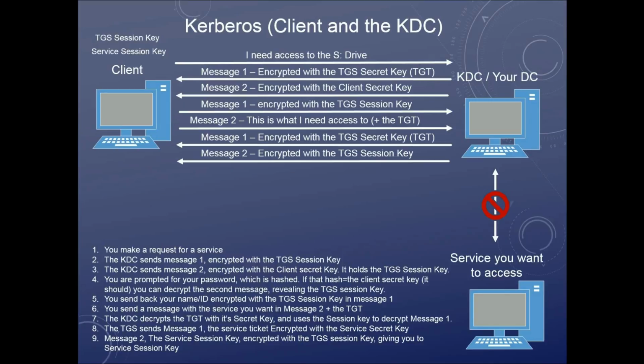So when message 2 comes to you, it's encrypted with the TGS session key. You already hold that key, so you can decrypt that message. Inside of that message is the service session key. Now you hold that key also. You still can't do anything with message 1 because it's encrypted with the secret key, and you don't have the decryption scheme on that.